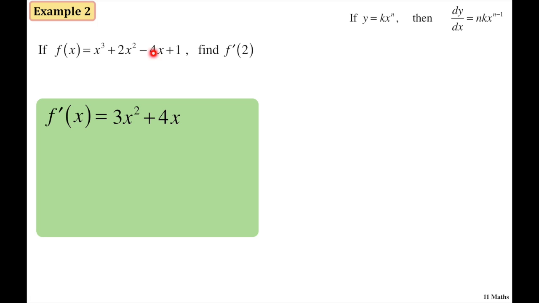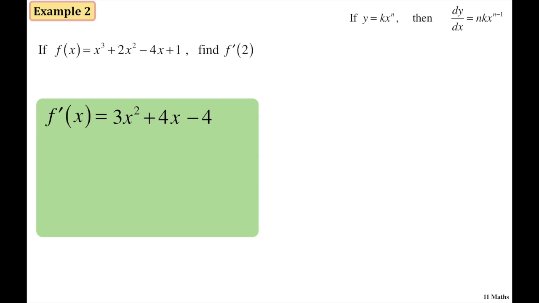The next term in our question, minus 4x. So we actually now look at that. Above the x is a 1. 1 times minus 4 gives minus 4x to the power of 0, which is better written as just minus 4. We don't worry about the x part because x to the power of 0 is 1.